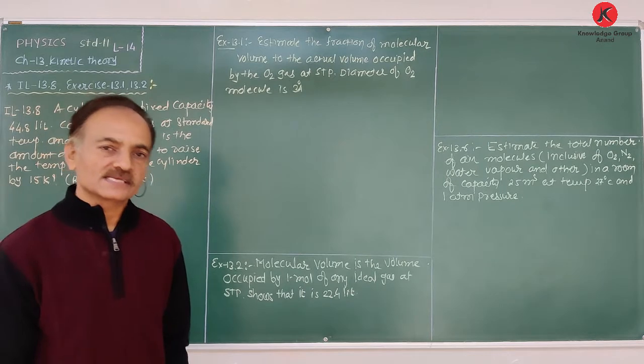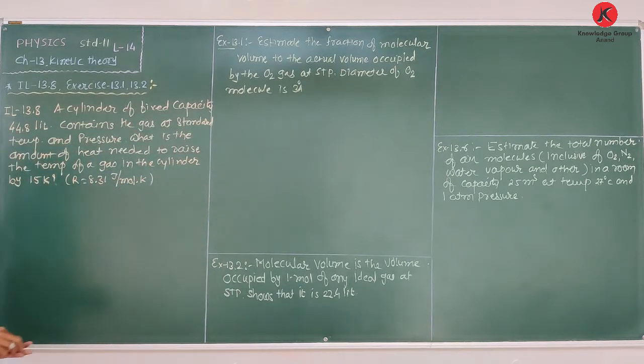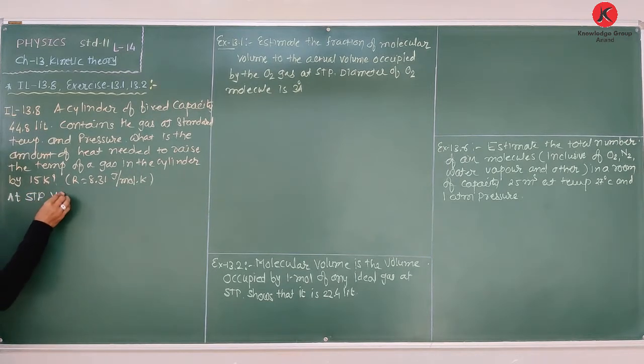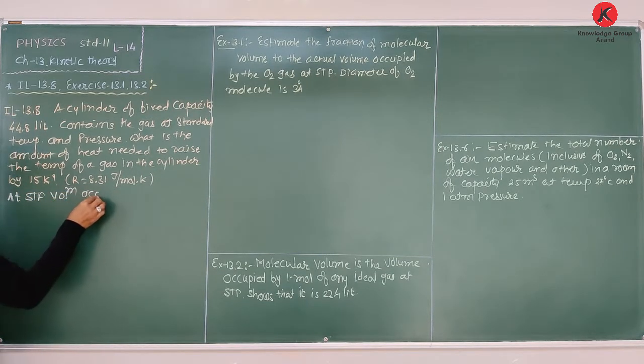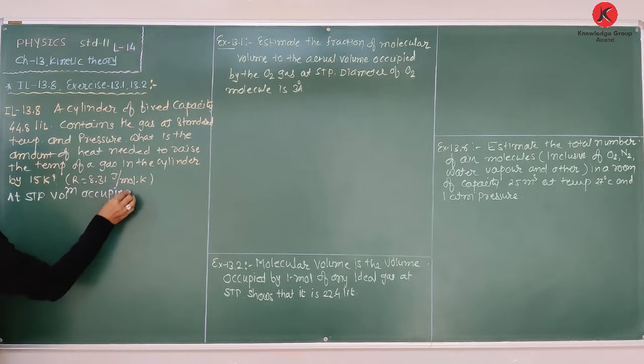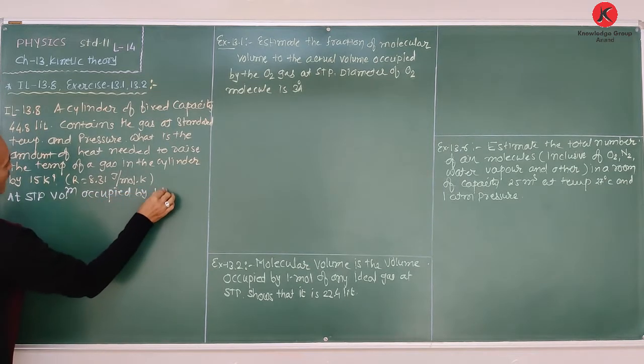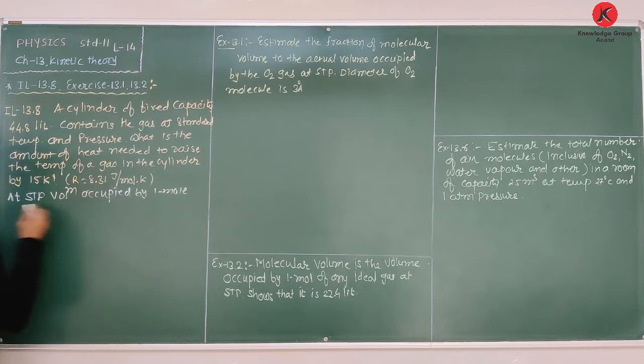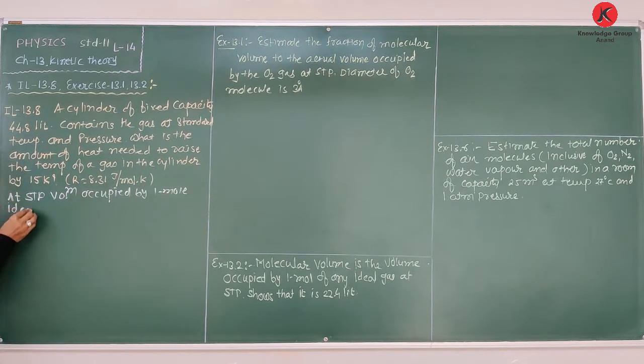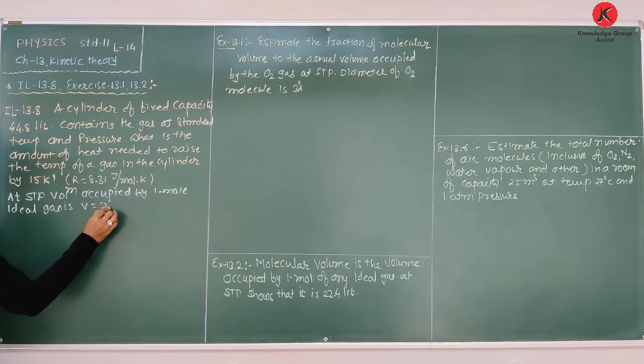First, we have to find this out. Therefore, at STP, the volume occupied by 1 mole of ideal gas is V equal to 22.4 liter.